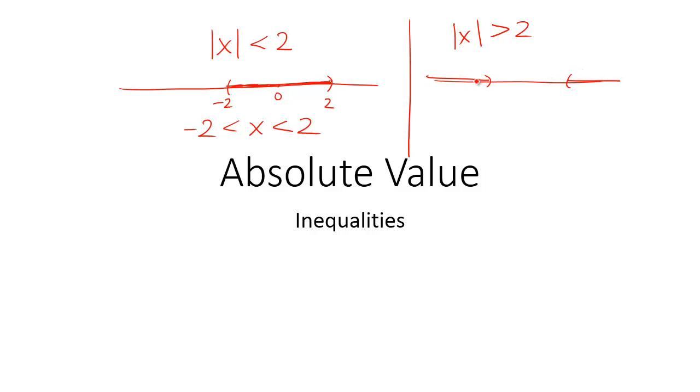So think of all these numbers here, less than -2. All of those numbers will, when plugged in and absolute valued, be greater than 2. Same with everything that's bigger than 2 already. So this results in x being less than -2 or x being greater than 2.